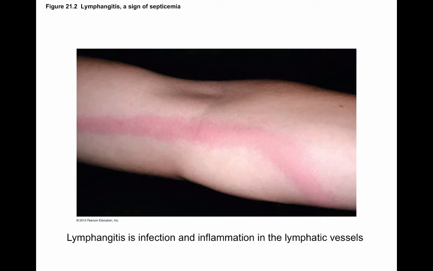This is an indication that there is a lymphatic vessel that is inflamed, swollen underneath the skin there. And so we've got inflammation of that lymphatic vessel. Remember, one of the big signs of inflammation is swelling, redness, heat, and pain. So you've got swelling and redness, probably hot to touch too if you were to touch this. It might be painful as well.